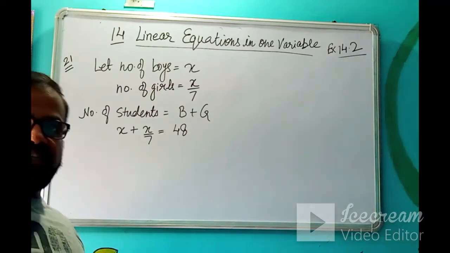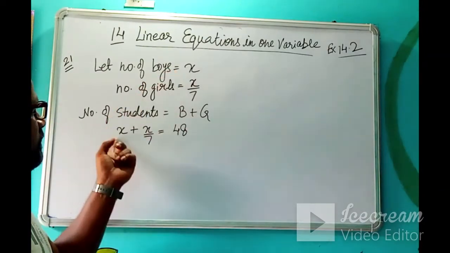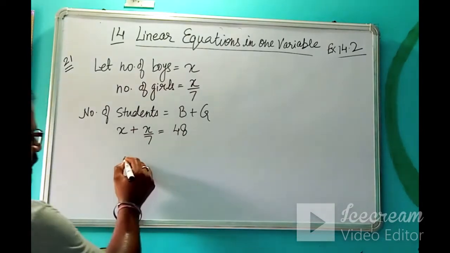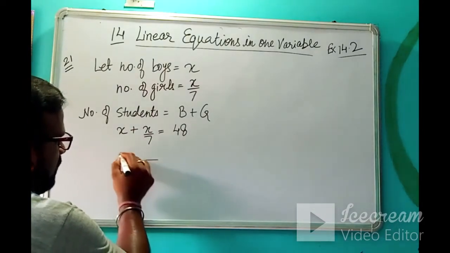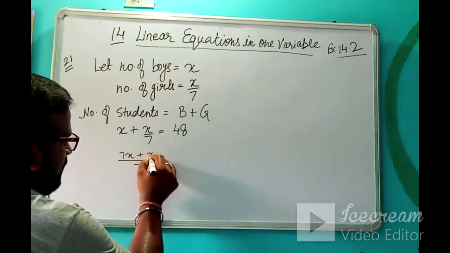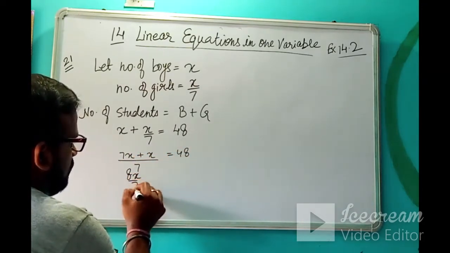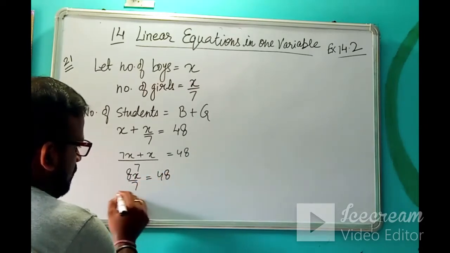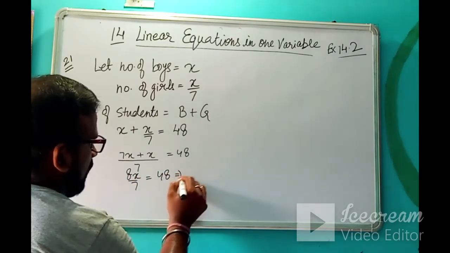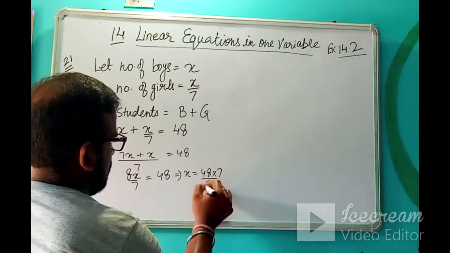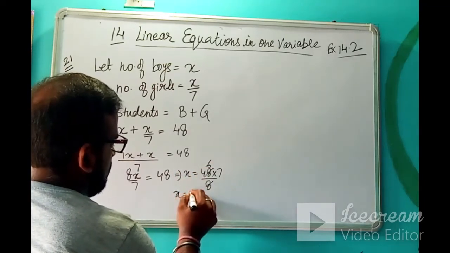So this is our linear equation. Number of boys plus number of girls will make 48. So now again we will take the LCM. It is 7x plus x equal to 48, or 8x upon 7 is equal to 48. So what is our x? Our x will be 48 into 7 upon 8, that is 42.